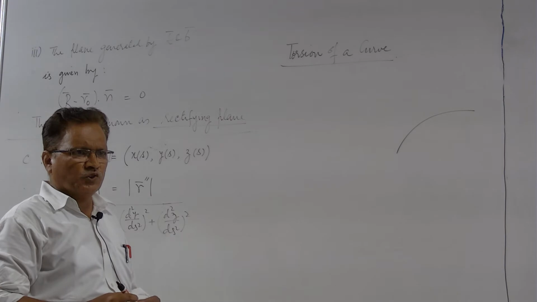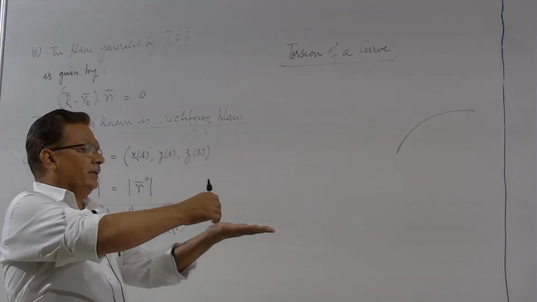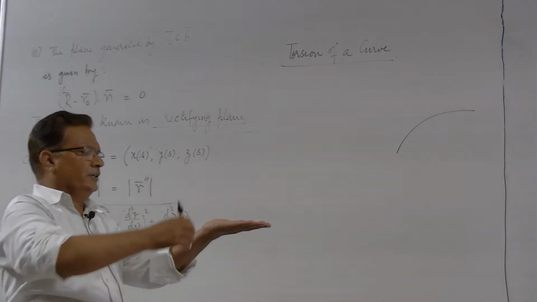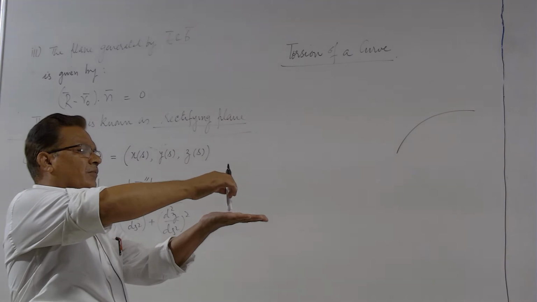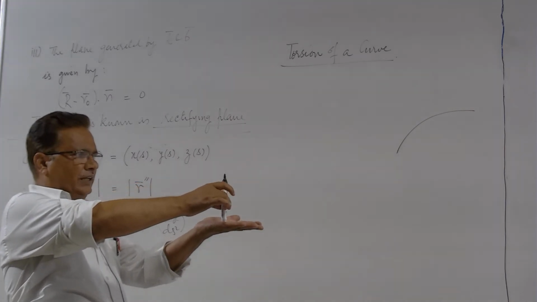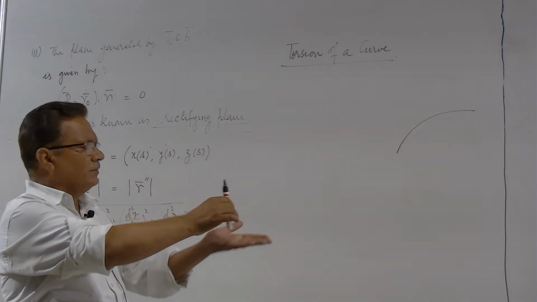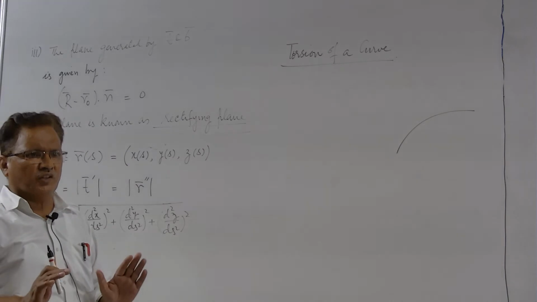There will be no change in the binormal. Suppose I have this plane and there is a curve drawn in it. Whatever point you choose on the curve, the binormal will be the same unit vector, it will not change. And if I want to observe the change in the binormal for a plane curve, it will be simply 0.